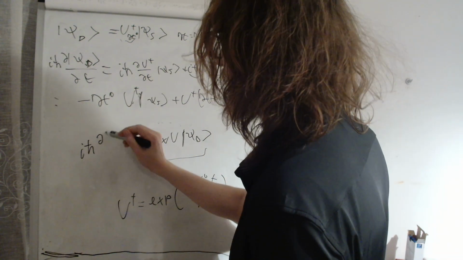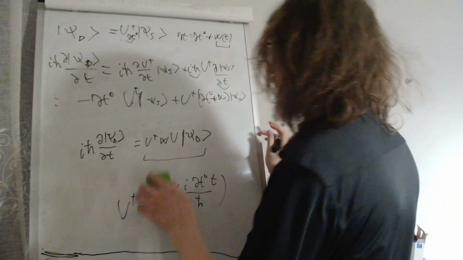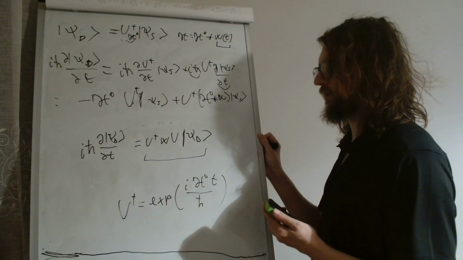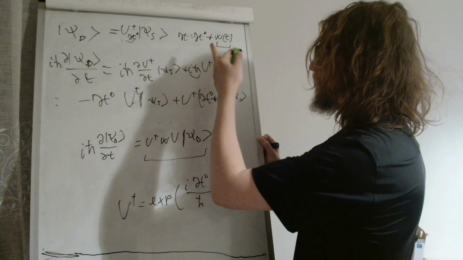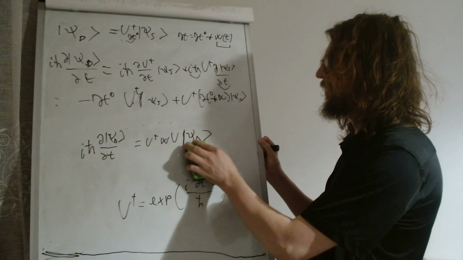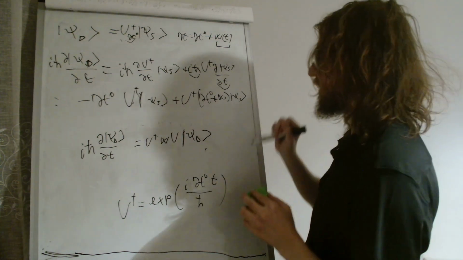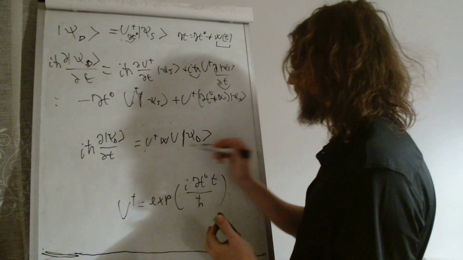iħ time derivative, and it is very similar to the Schroedinger equation for psi_S. In fact, it is the Schroedinger equation, but instead of the Hamiltonian H, I have only this time-dependent part written in the Heisenberg notation, right?